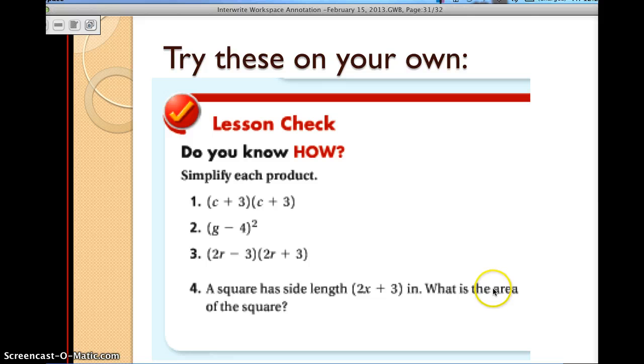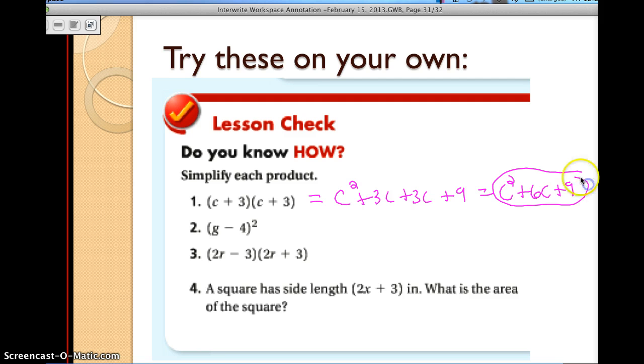All right, in the first one, it looks like these can be difference of perfect squares, but they're not because they're both the same sign. So your answer is going to come out as a trinomial. When you FOIL it, you get first, outers, inners, and last. Combining your like terms, you get c squared plus 6c plus 9.